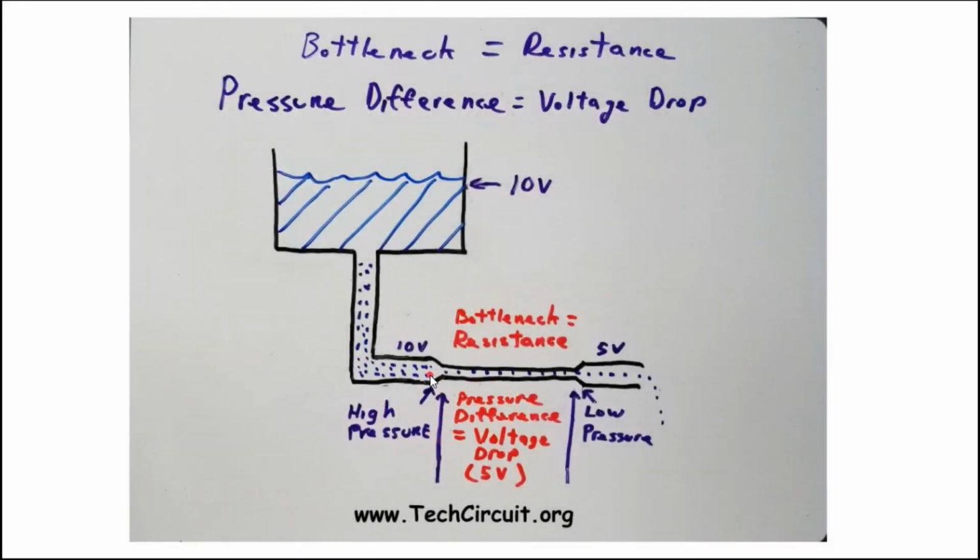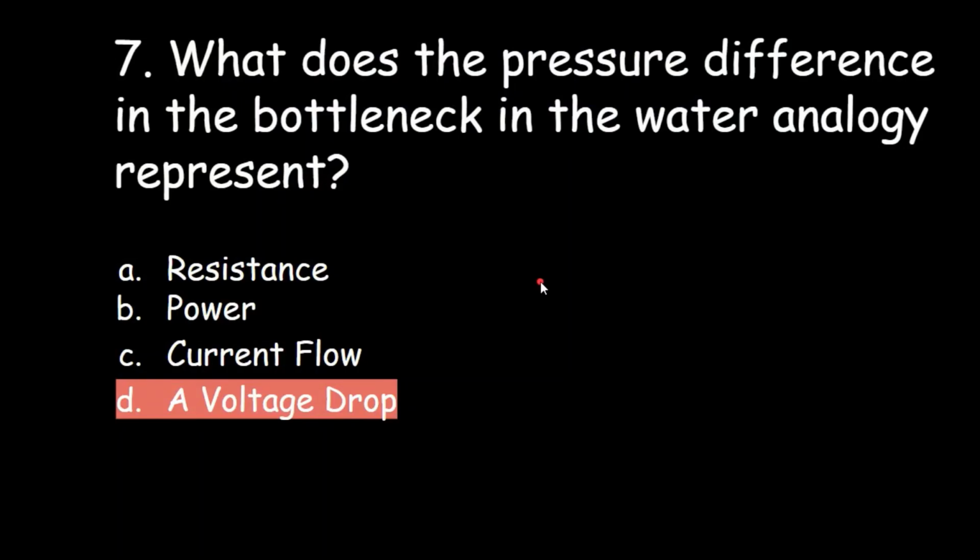As mentioned, that pressure difference is analogous to the voltage drop across a resistor. So if you had 10 psi here and 5 psi here, we can conceptually make an analogy between that and a voltage drop across a resistor, whereas in this case, it's a resistor with a 5-volt drop. So the answer is a voltage drop.